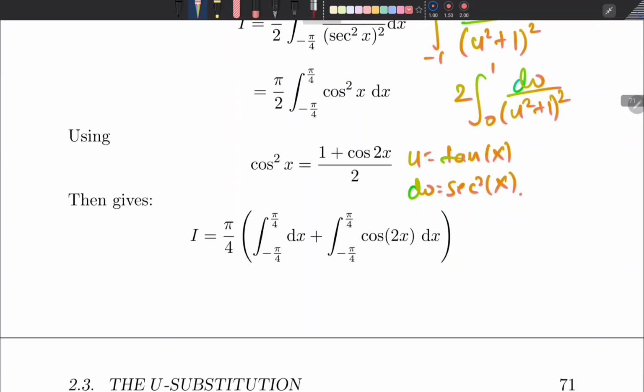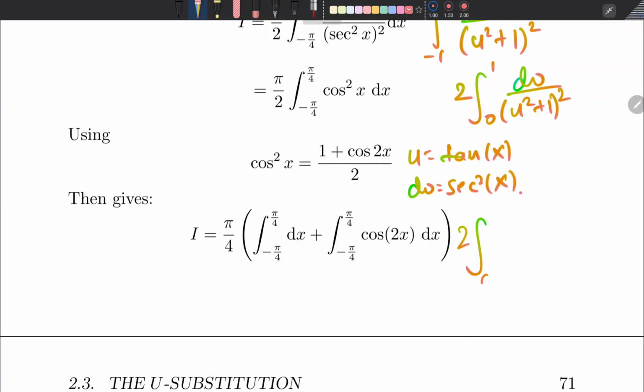So basically we have 2 times the integral from 0 to, not 1, I'm sorry, when you plug u equals 1, it's pi over 4, and we have secant squared of x dx over tangent squared plus 1, which is just secant squared, so we have secant to the 4th of x in the denominator.